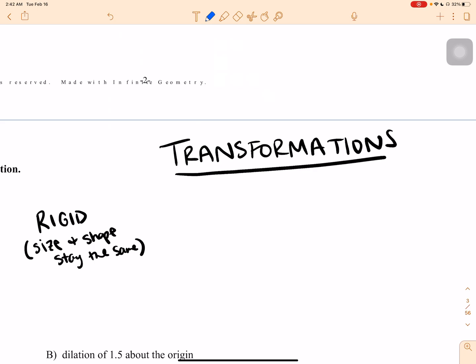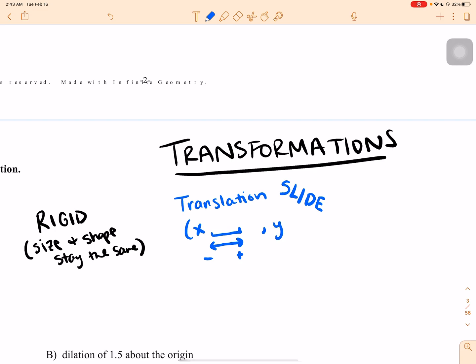So one of those is a translation. We slide, basically, is what a translation is. So the x values would be left or right, if it's minus or plus some number, right?